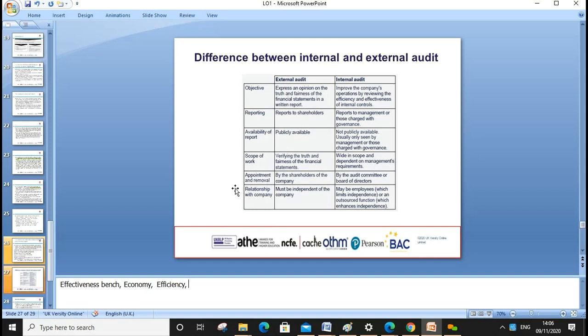Appointment and removal: the shareholders select the external auditors, but internal auditors are selected by the audit committee in the board of directors. The relationship: the external auditors are independent, but internal auditors can be employees of the company, maybe from a different department. So maybe they have some loyalties with that department if they do the audit. They do not highlight their mistakes.